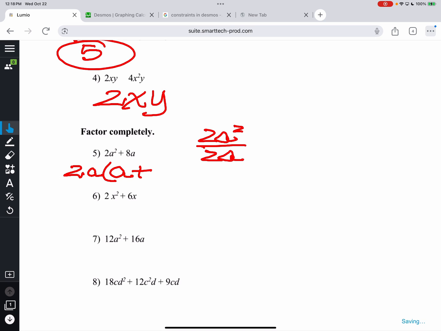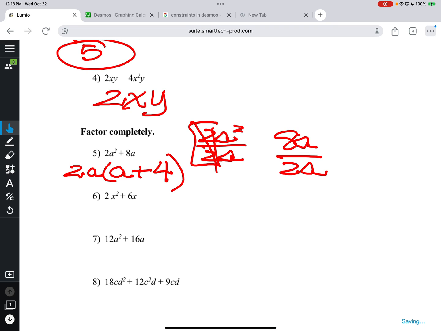Because any number over itself, like our 2 over 2, that's going to be 1. And then we subtract. And then 8a divided by 2a gives us what? Just 4, because our a's cancel out. And then the way to check it is, in your mind, distribute your 2a, and see if you get 2a squared plus 8a.